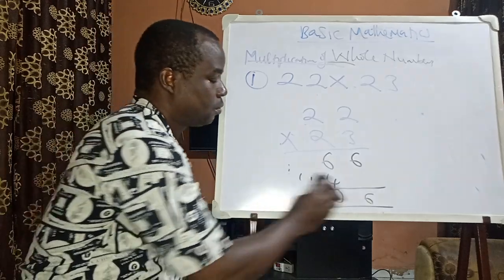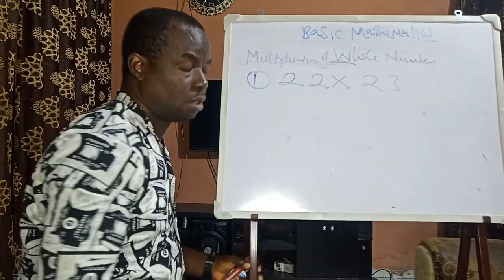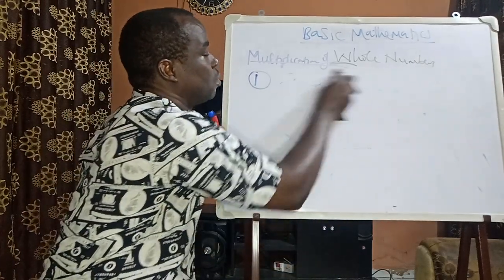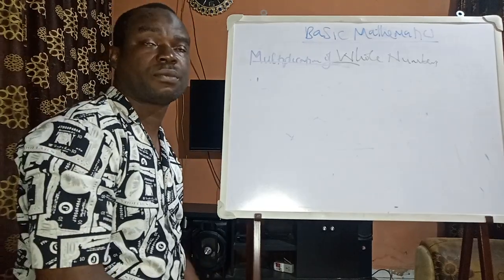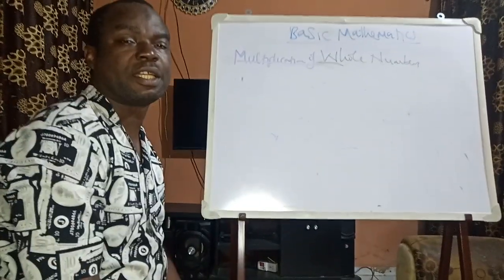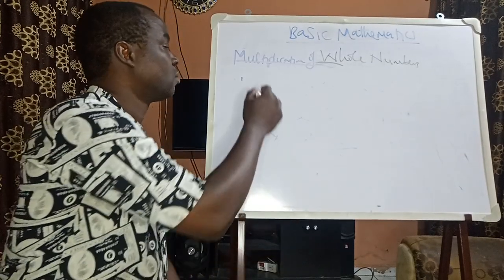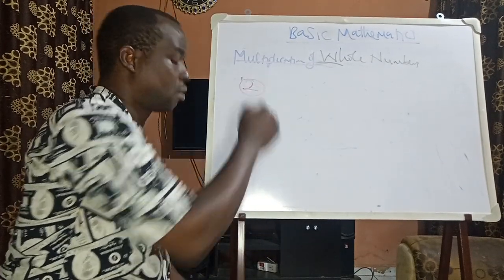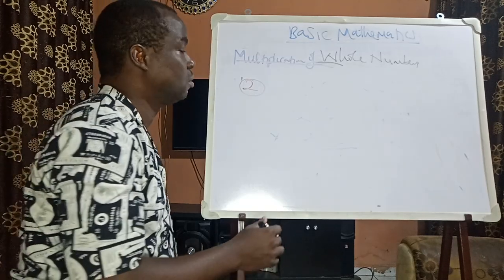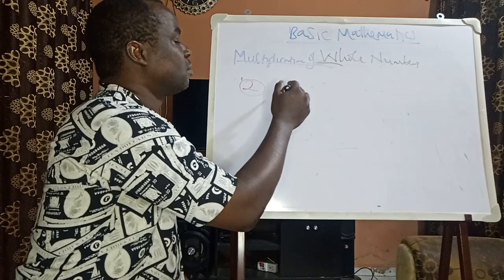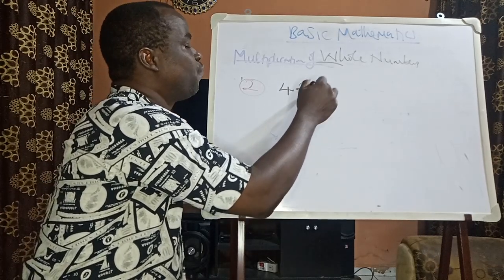Now, let's talk about 3 by 3. For 3 by 3, let's look at 425.